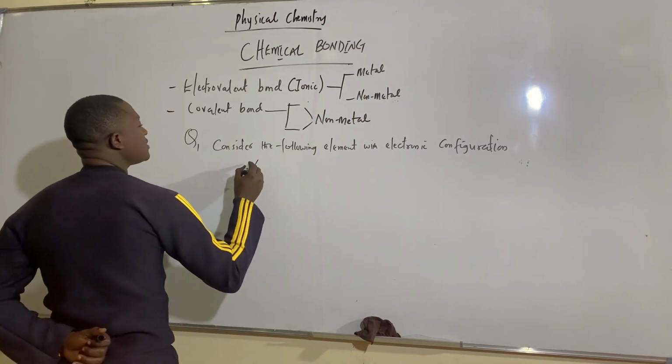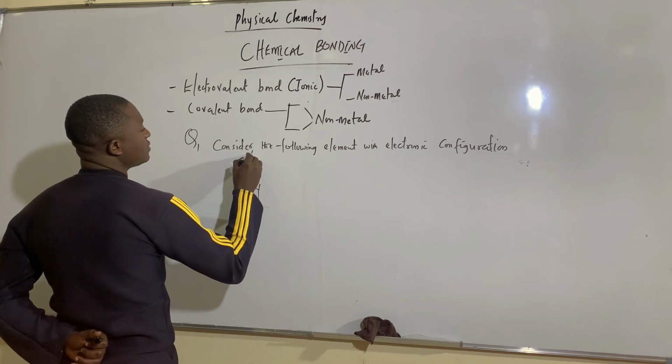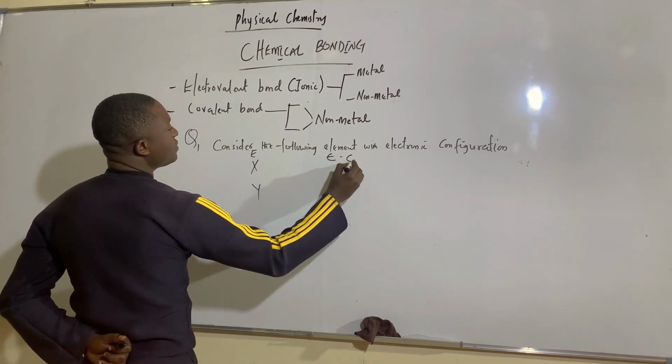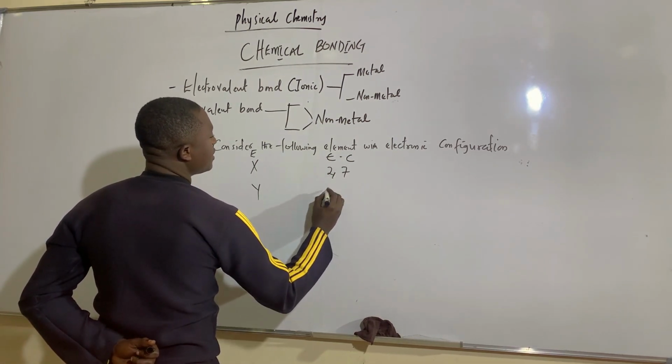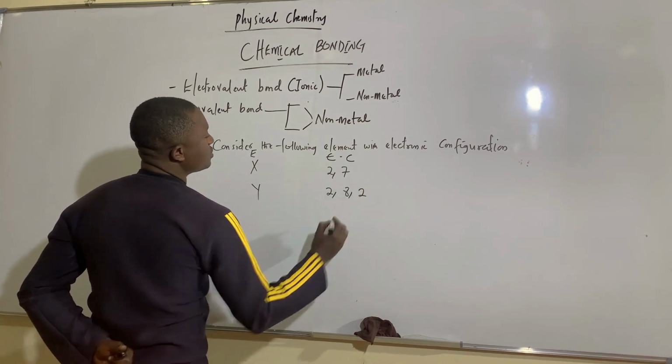We have element X, we have element Y. Let's say here we have 2, 7, and here we have 2, 8, 2.